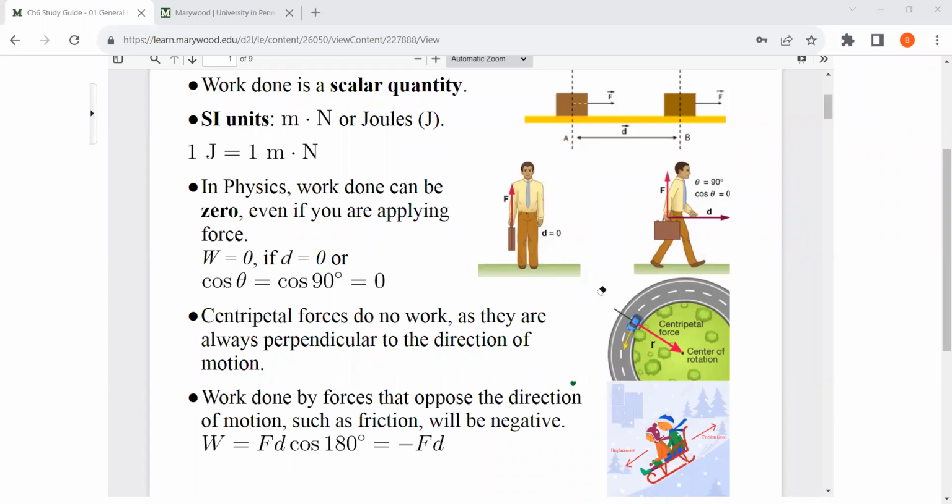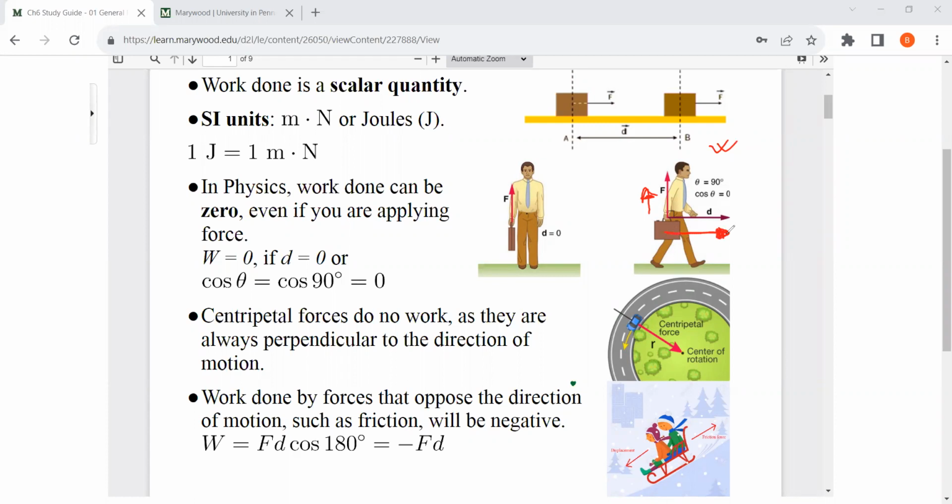Now another interesting example. Here the same briefcase, the person is holding it, which means the person is applying some force in this direction, and the person is moving in this direction, so the displacement is in this direction.